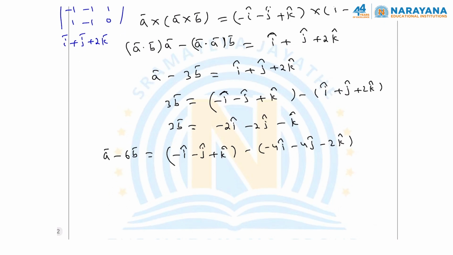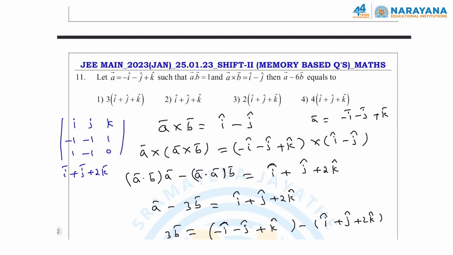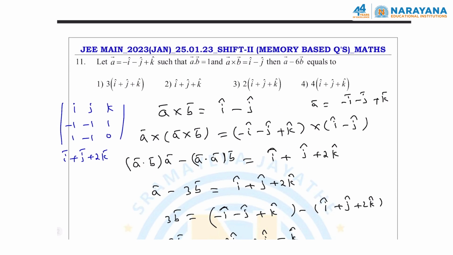So if I subtract these two things, what I am getting, 3 i cap plus 3 j cap plus 3 k cap. So this is nothing but 3 times of i cap plus j cap plus k cap, which is a bar minus 6b bar. So it is option 1.